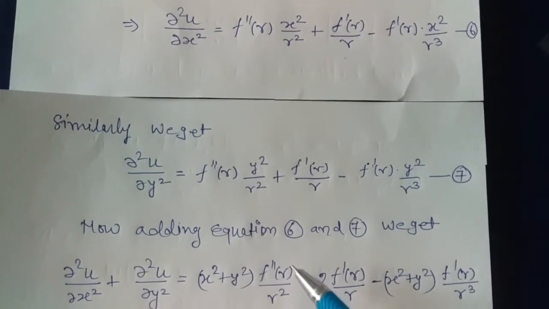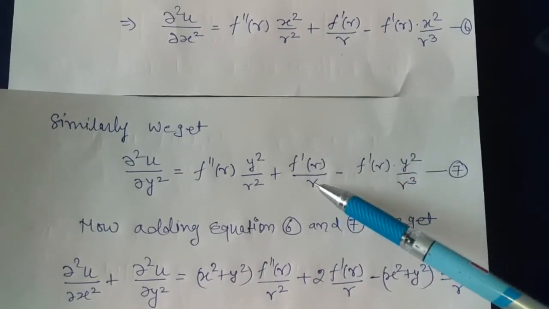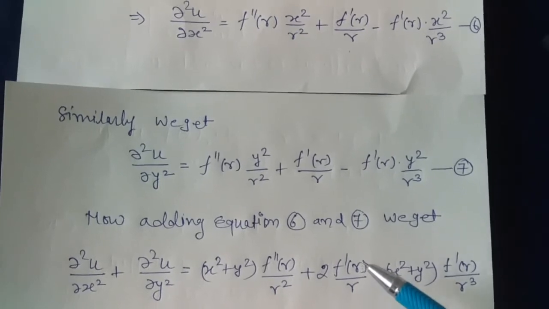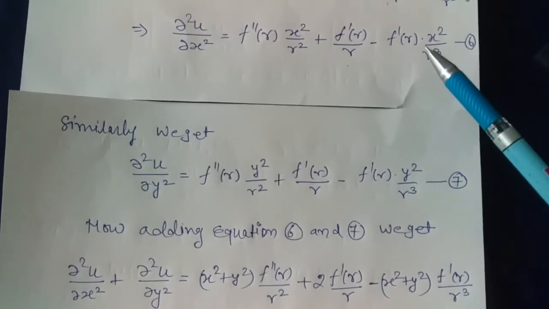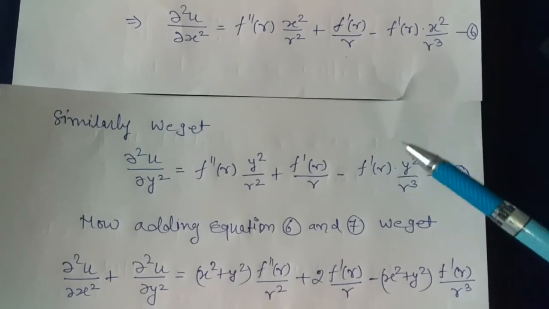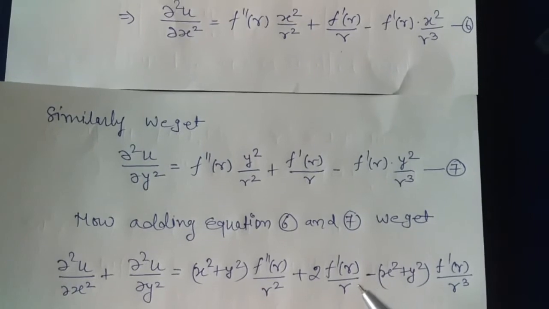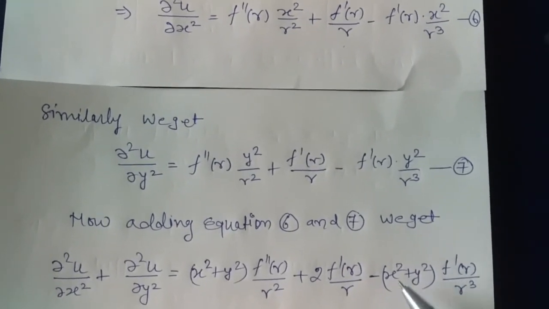into f double dash r upon r square, plus f dash r upon r plus f dash r upon r, which is equal to 2 times f dash r upon r, minus, here again we have f dash r upon r cube common from these two terms. So we take negative f dash r upon r cube common, and we get x square plus y square.